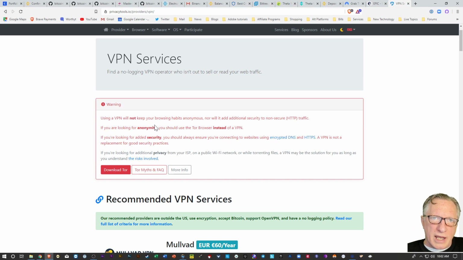What we were talking about basically was sort of making it look like we're coming from a different IP address in order to sort of get around the restrictions of certain cryptocurrency exchanges. In that case, we're not really going for full-on operational security in that sense, right? We're not worried that much that someone out there is going to know that we're accessing that website because we are using our email, right?